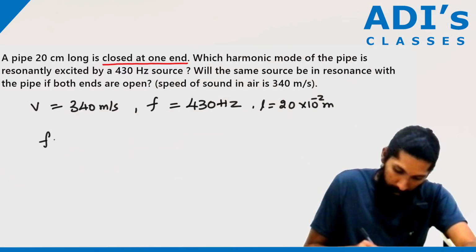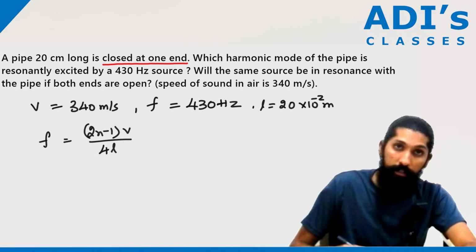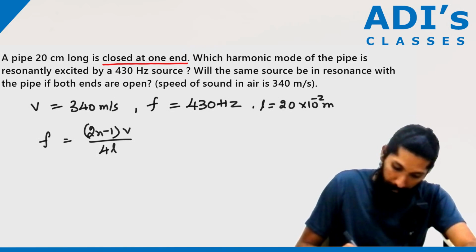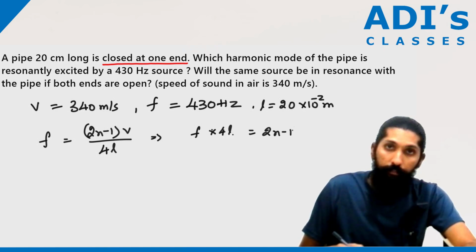Okay? For closed pipe, you're going to have the frequency f is equal to (2n minus 1) into v divided by 4L. Now, you need the value of n, correct? Make n as the subject of formula. So, you are going to get f into 4L is equal to (2n minus 1) into v.